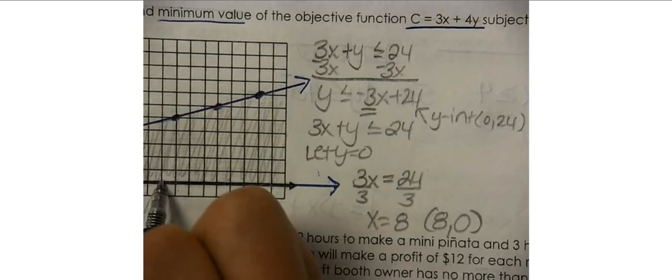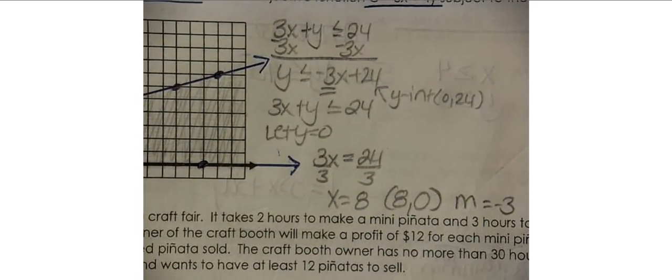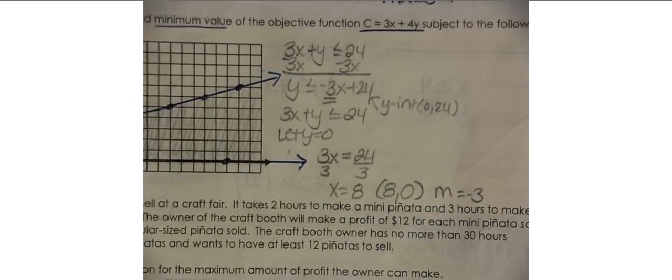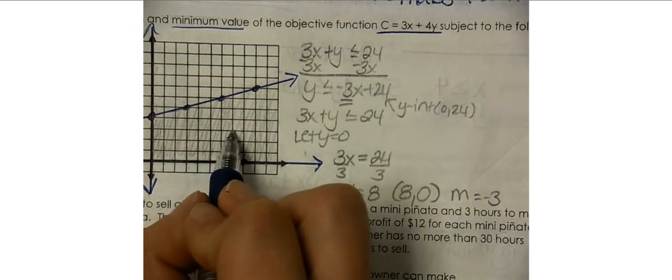With my slope being negative 3, I'm going to start at 8, 0, and rise 3 and run backwards 1 so that I end up with a negative slope. I'll rise 3 and run backwards 1, again and again, until I can't do it anymore. And I'm going to draw a line going through all of these points.